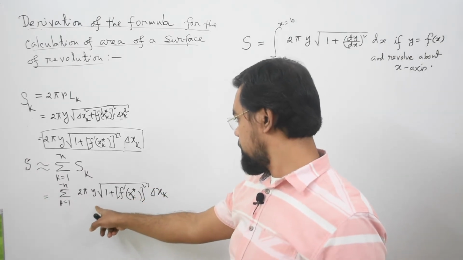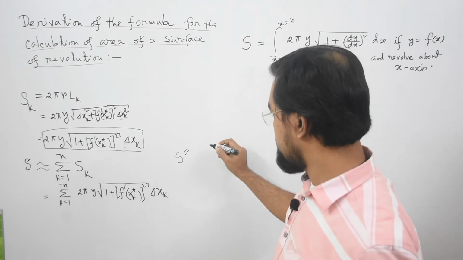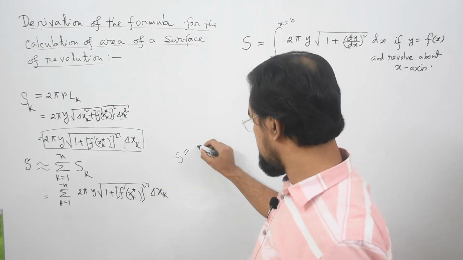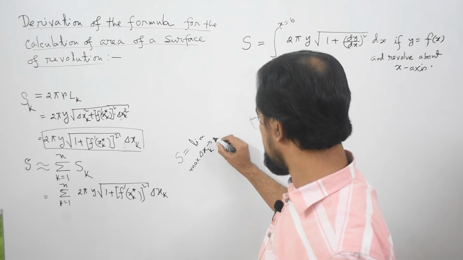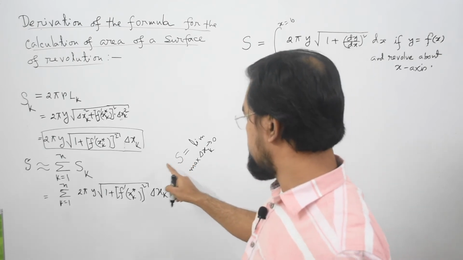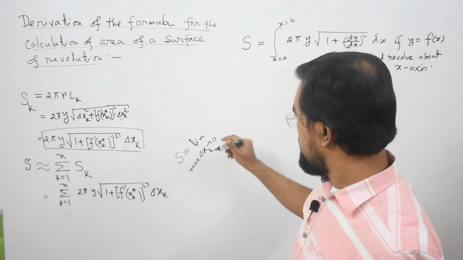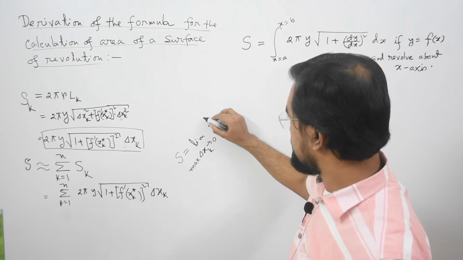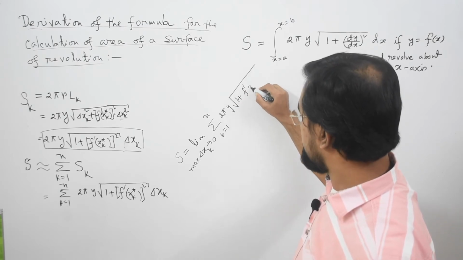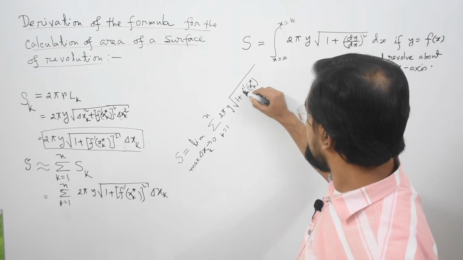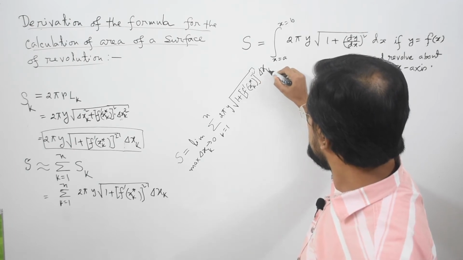So now in order to get the Riemann integral, we can put the limit on this delta x, and the moment you put the limit on this delta xk, max delta xk tends to 0, instead of an approximation, now you can write S equal to the summation of k equal 1 to n 2 pi y root 1 plus f prime xk star whole square delta xk.